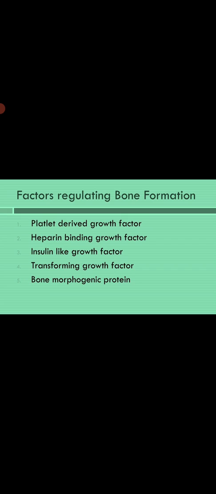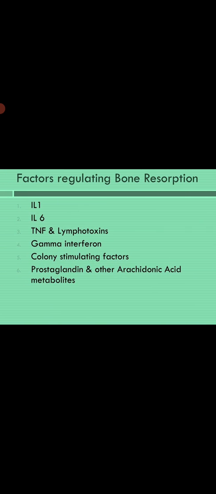How do we remember? These are actually growth factors, 4 in number, remembered by platelets, heparin, insulin, and transforming. And next is the bone morphogenic protein. Now come to the factors regulating bone resorption. These are interleukin 1, interleukin 6, tumor necrosis factor, and lymphotoxin.